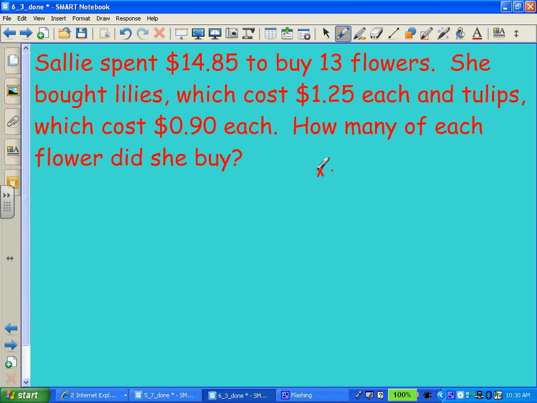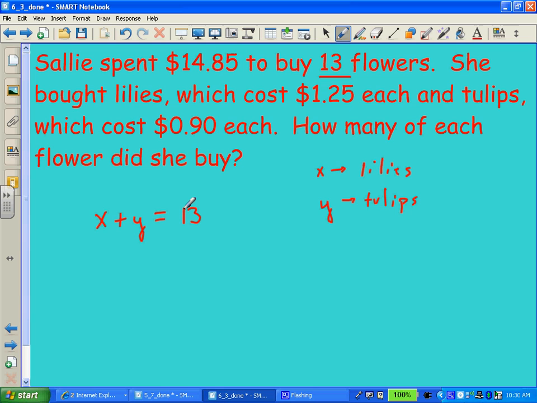So let's call lilies x and tulips y. I know she bought 13 total flowers, so x plus y equals 13 is going to be our first equation.